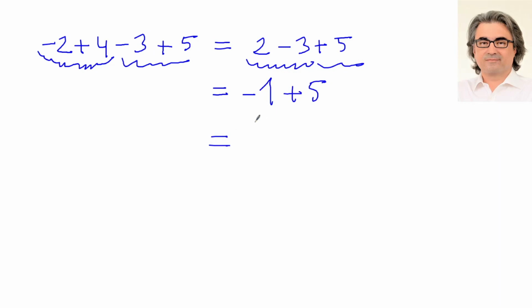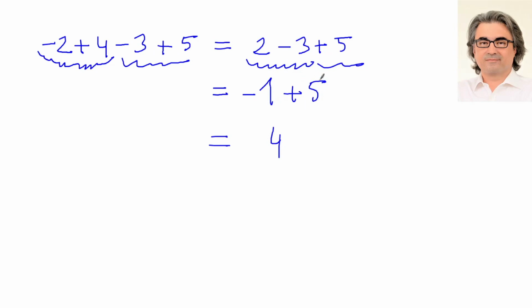Minus 1 plus 5. They have opposite signs. So I should find the difference between them. Firstly, what is the difference between 1 and 5? 4, you know. So I should write finally the sign of 4. The sign of 4 is the sign of the greater one. 1 and 5.